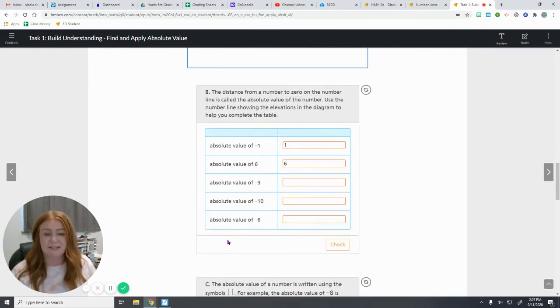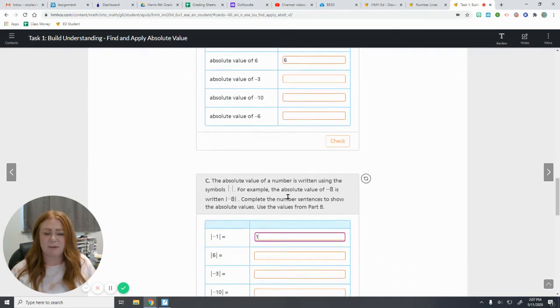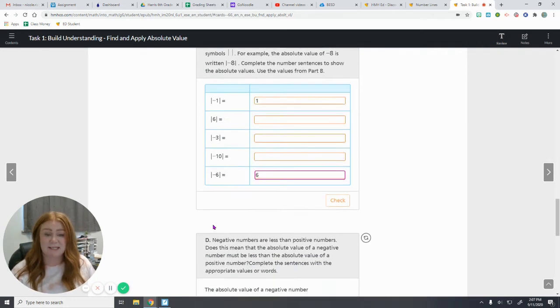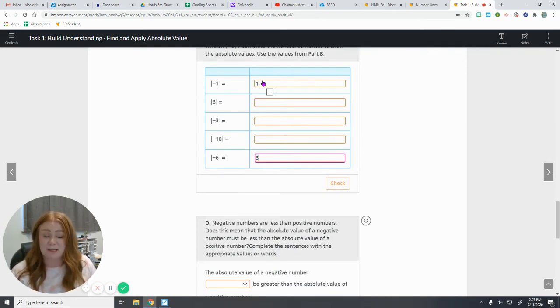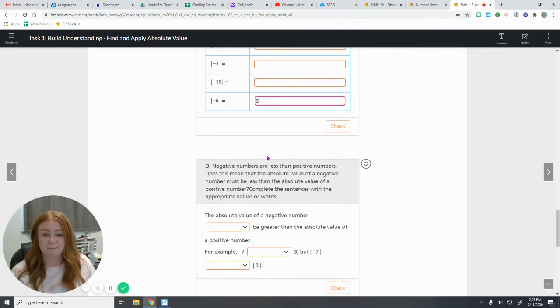If I'm at -6, so I'd be all the way over here, -6, and I need to get to 0. It takes me 1, 2, 3, 4, 5, 6 places. Even though it started at -6, it takes me 6 moves to get back to 0. And that distance is always positive. So pause the video and go ahead and finish this C part here.